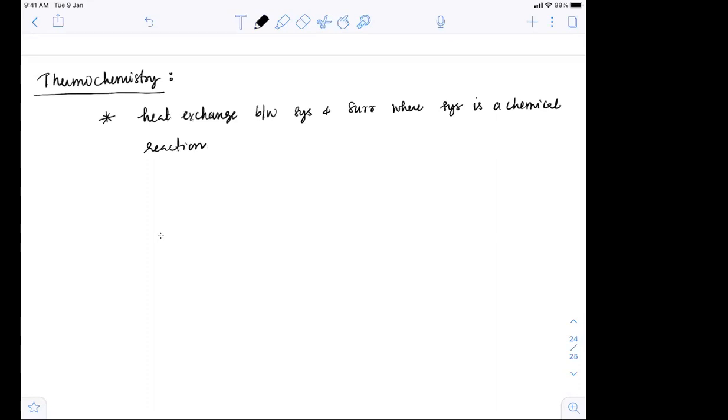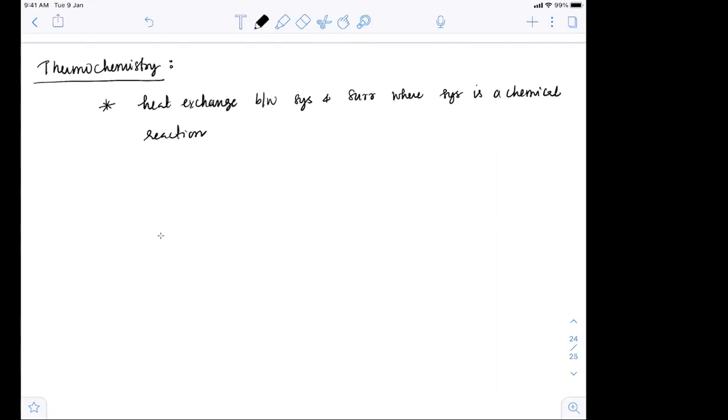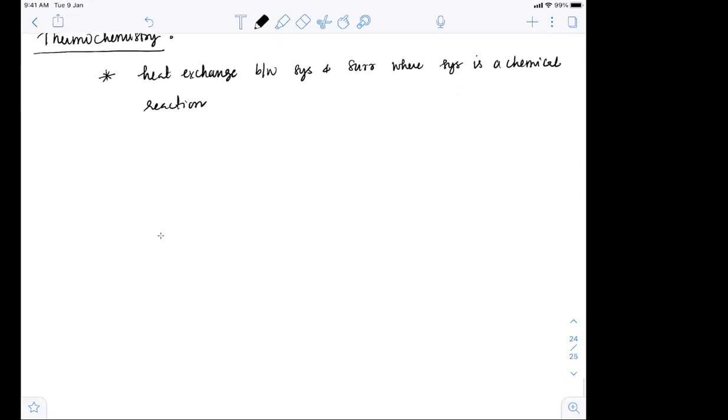So whatever chemical reaction is happening, because of which there is some heat being exchanged, that is what thermochemistry is all about. What are the factors that will affect this heat of the chemical reaction?